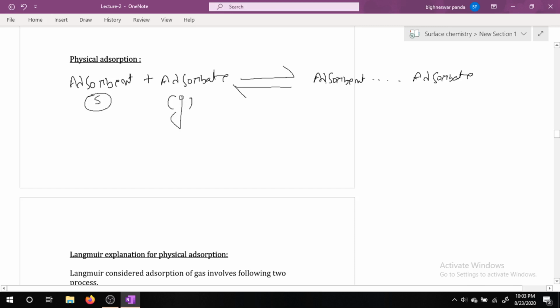Since for physical adsorption the bond is a weak van der Waals force of attraction, if the adsorbent adsorbs the adsorbate, or gases are adsorbed on the solid surface, then this process is called condensation.